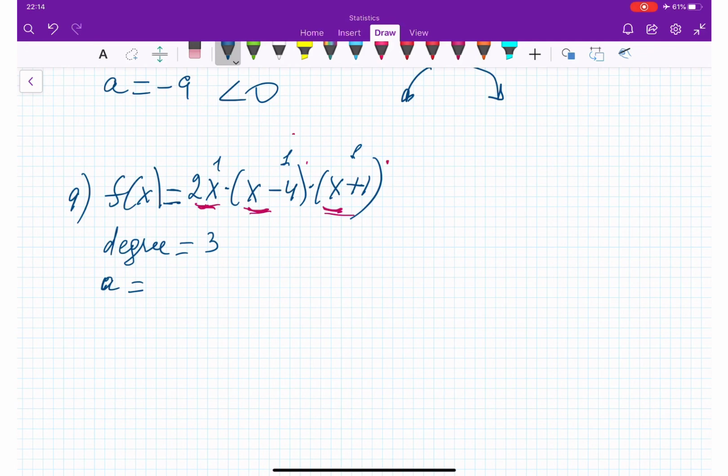Coefficient, it's going to be 2. Because if you multiply 2x times this x times this x, it's going to be 2x cubed, right? If I would have here, let's say 3x, then it would be 6 coefficient. If there would be some other coefficient here, then it would be times this coefficient also. But so far we have only coefficient 2, therefore our coefficient is 2.